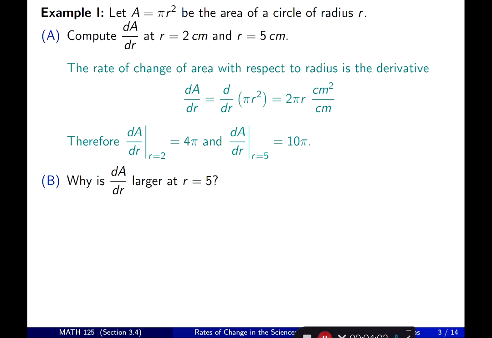Remember the notation that we just discussed. The derivative is the limit of delta A over delta r.